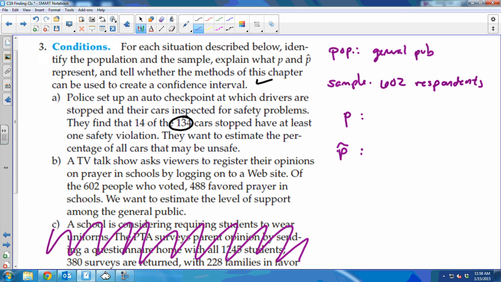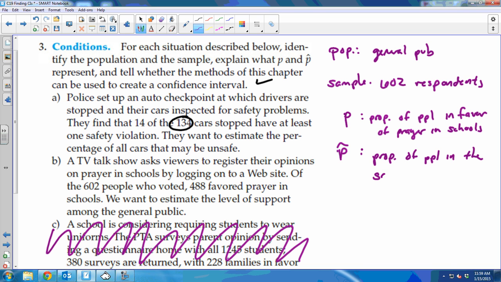What does P represent? Of people in favor of prayer in schools, right? What is your p-hat going to be? Right, the portion of people in the sample that favor prayer in school.